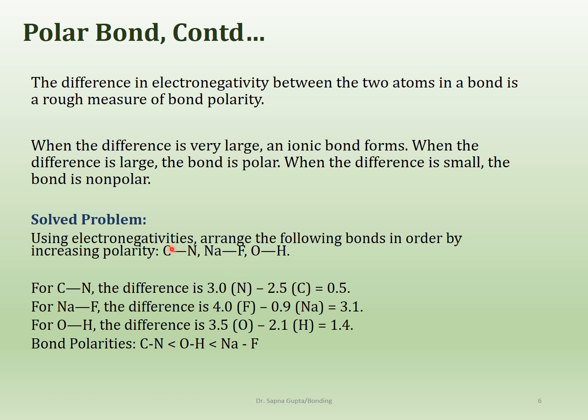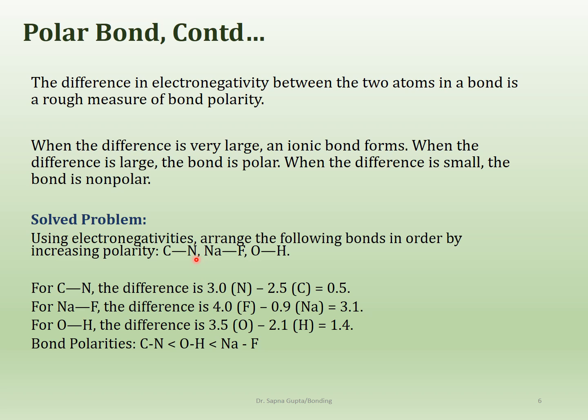If these are the three bonds you were looking at, then you will just go ahead and subtract the numbers. But as I said, you will not have that in the exam, so you have to remember that Na and F, sodium and fluorine, metal and non-metal, definitely have a polar bond. Between oxygen and hydrogen, you have a polar bond, because oxygen is very high in electronegativity.